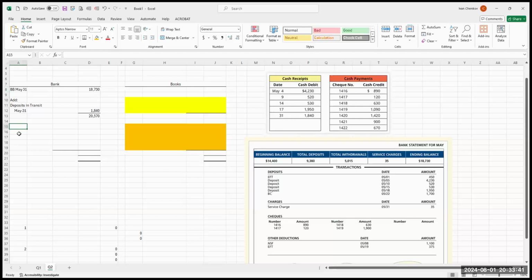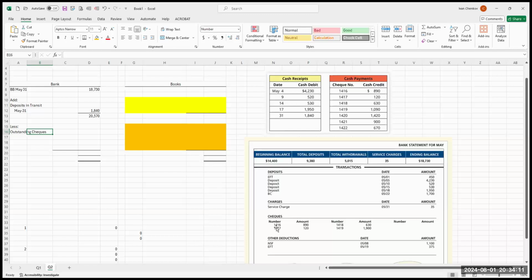Next thing that we have to do is check, is there any outstanding checks that we have to deal with? So less outstanding checks. Same idea as before. Now we're checking the checks which cleared in the bank and trying to match them with our books.